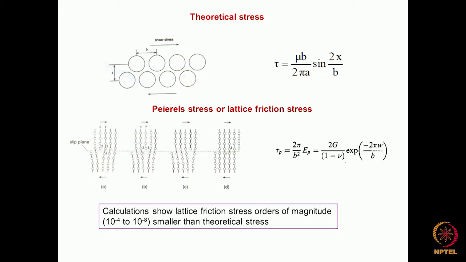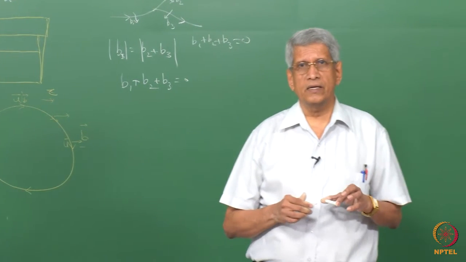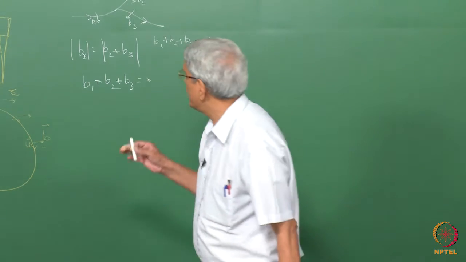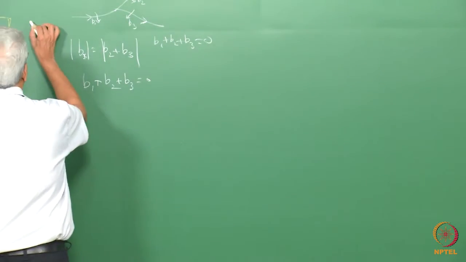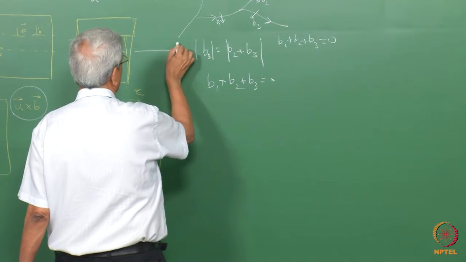Then the next question is how to define the Burgers vector. Then we looked at the fact that dislocations can come and join together, since we mentioned that a dislocation can neither begin nor end within a material. The consequence is that if a dislocation is present in a sample, there is another dislocation present there.